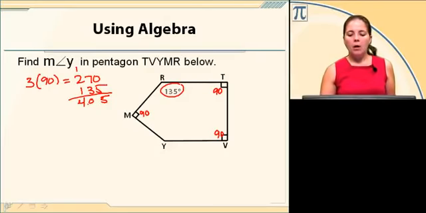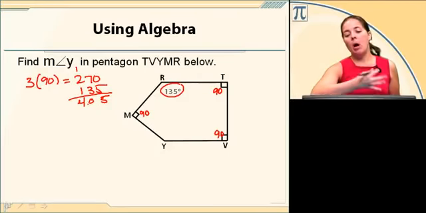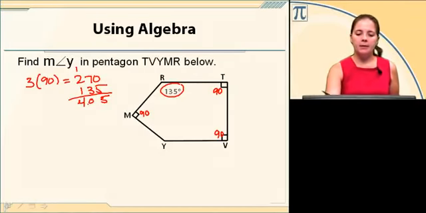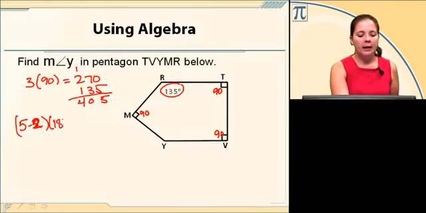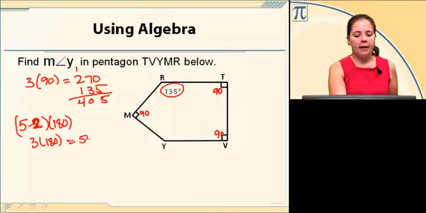Well, from what I know about polygons, in this case I have 5 sides, so I'm going to take 5 minus 2 times 180, or 3 times 180, and I'm going to get 540.